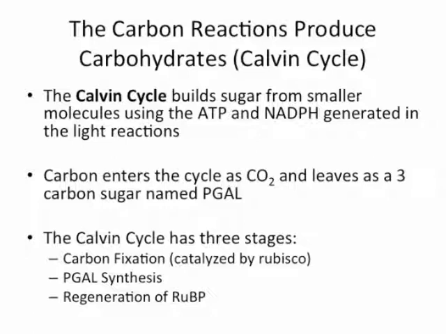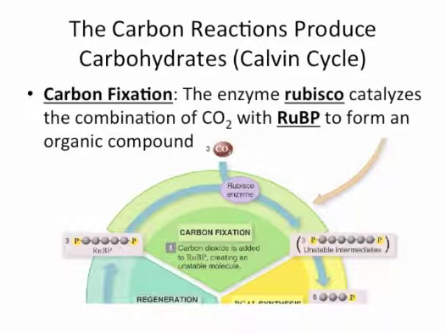Okay, so here is the first step, carbon fixation. So, first thing that plants need to do is they need to bring carbon dioxide into the cell. So they do this by taking in carbon dioxide through openings in their leaves, if they are a tree, called stoma.